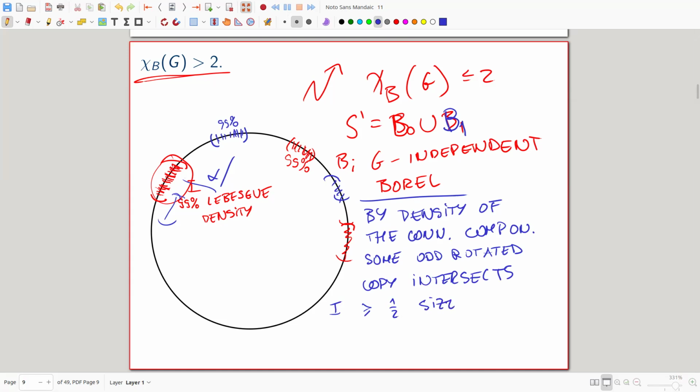But that's bad, right? Because 99% here has to be blue, and 99% there has to be red, so that's a contradiction.